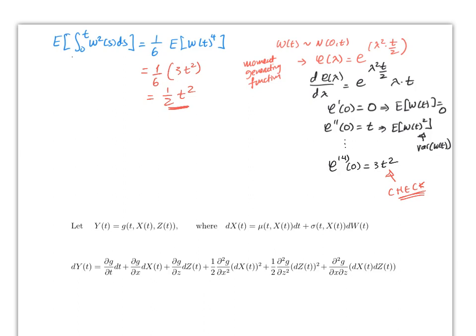Now, the last thing we will do is go back to Ito's formula, but now in 2 dimensions. You can do it in multiple dimensions, but we will only do 1 and 2 dimensions. So if you haven't fallen in love with Ito's formula yet, this will be the time for that.